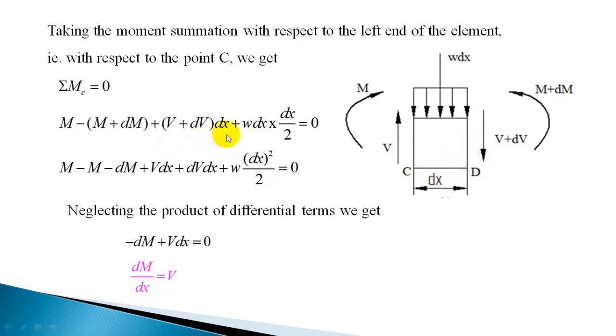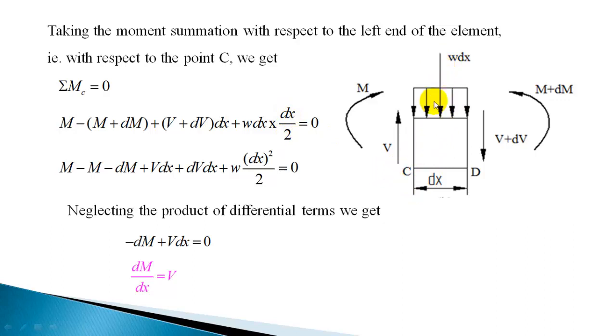The distributed load is also producing a clockwise moment with respect to C, and since the distance is dx by 2, the moment is W dx into dx by 2. That is the moment produced by this distributed load.